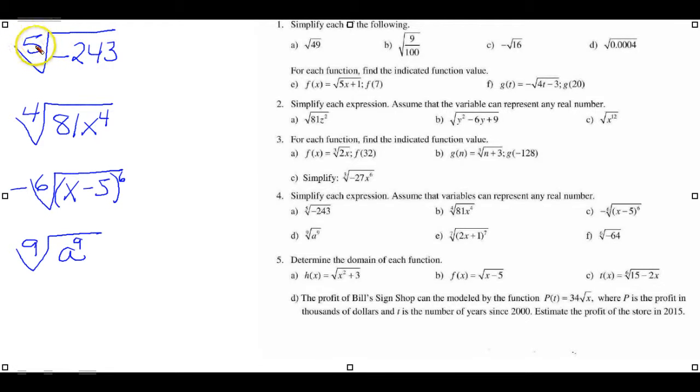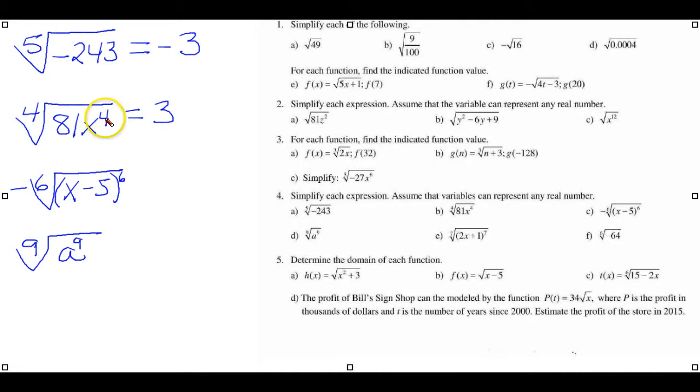Now, since this is an odd index number, a negative under the radical is fine. And that happens to be a negative 3. If you take a negative 3 and raise it to the 5th power, you get this. Now, the 4th root of 81 happens to be 3.